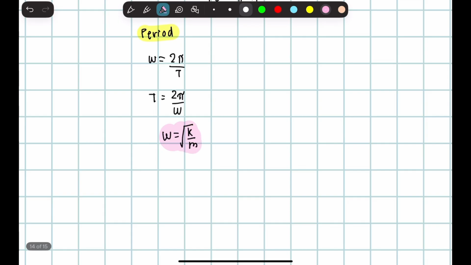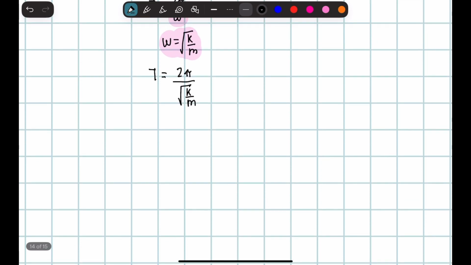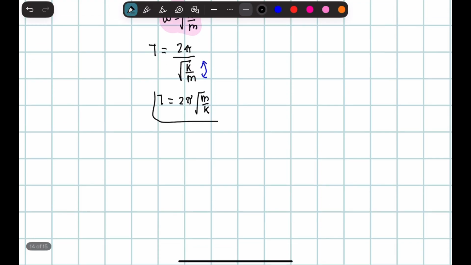Substituting this in, we have omega right there. And then we can rewrite this as T equals 2 pi divided by the root of k over m. And we can rearrange this so that we have T is equal to 2 pi times the root of m over k, simply by taking the reciprocal, so we can move it up to the numerator.